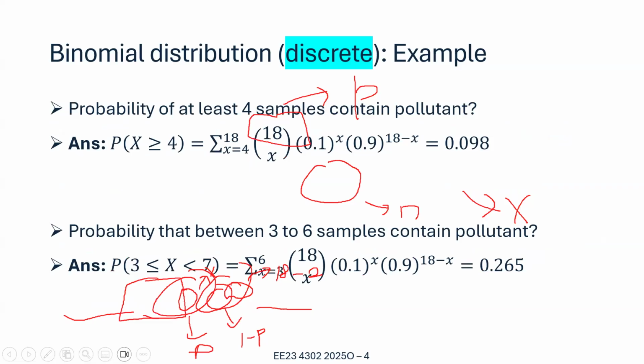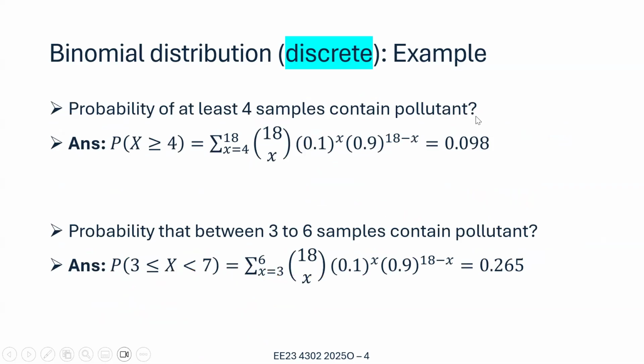And then the probability of at least 4 samples here contain pollutant. Note that at least 4 samples contain the pollutant means we are looking for P(X ≥ 4), which is the combination of 18 choose x, where x is from 4 to 18.